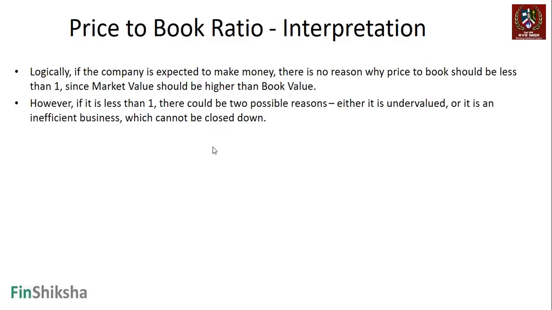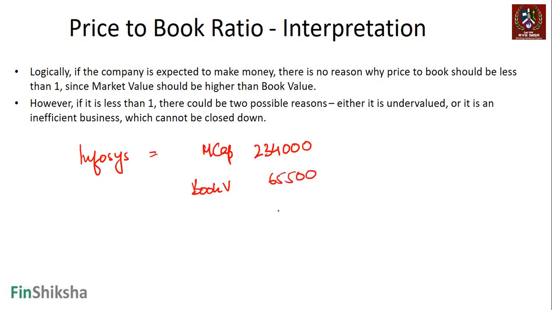That's my book value. So for Infosys, remember we saw the market value or market cap as 234000 and the book value is 65,500 odd crore. I divide and I'll find the ratio would be approximately 3.7 to 3.8, approximately leading to 4 or somewhere there, right?